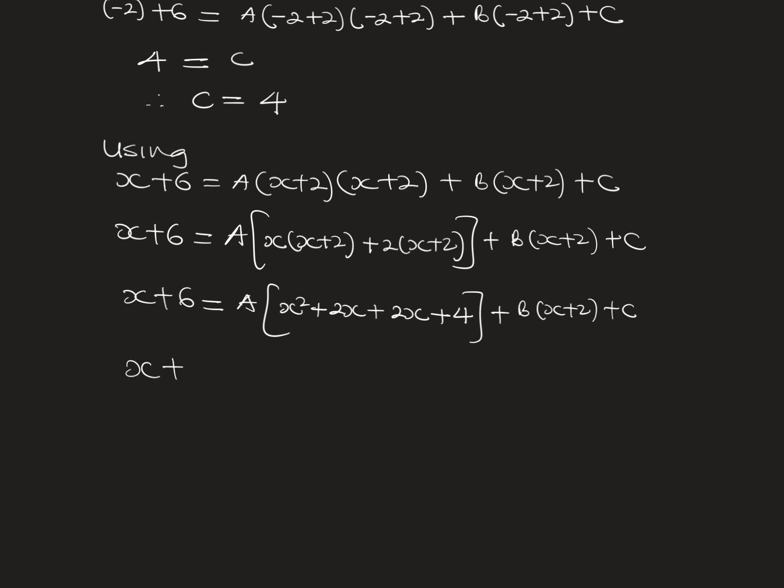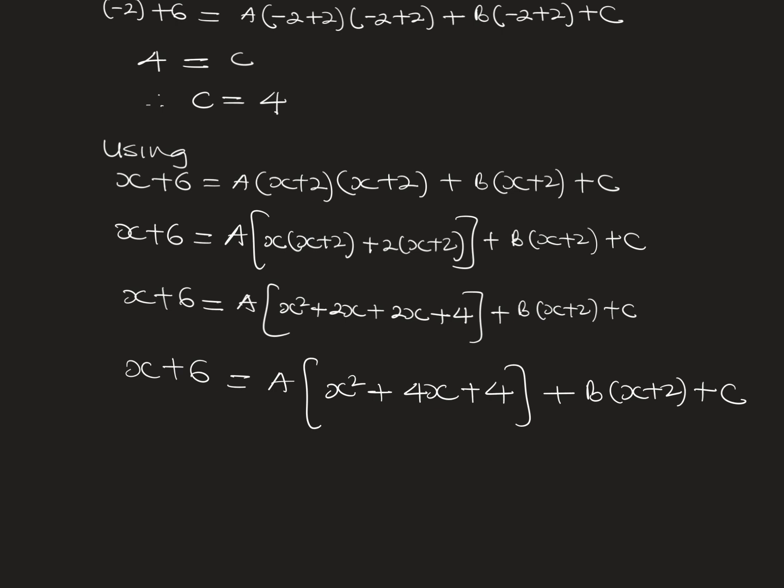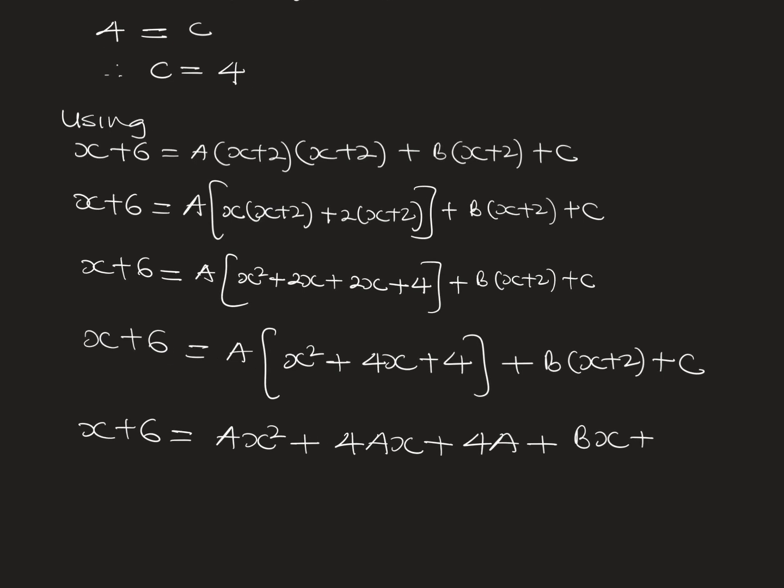So that will be x plus 6 is equal to a into x squared plus 2x plus 2x is 4x, plus 4, plus b into x plus 2, plus c. So that will be x plus 6 is equal to, if I expand, I will have ax squared plus 4ax plus 4a, plus b times x is bx, plus b times 2 is 2b, plus c.